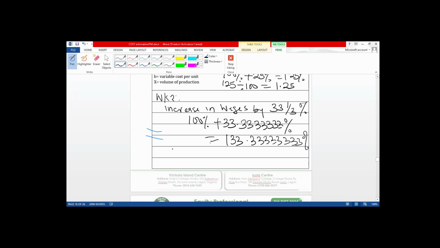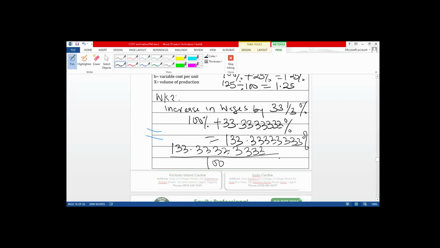If you now want to convert percentage to ratio, you are now going to say 133.33333 divided by 100. You want to convert percentage to ratio.